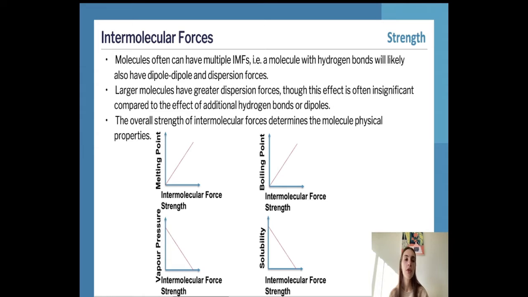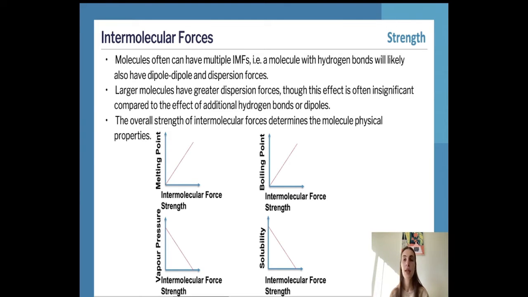The overall strength of these intermolecular forces is going to determine the molecule's physical properties. These physical properties are going to include melting point, boiling point, vapor pressure, and solubility. With melting point, as the intermolecular force strength increases, there will be a greater melting point.